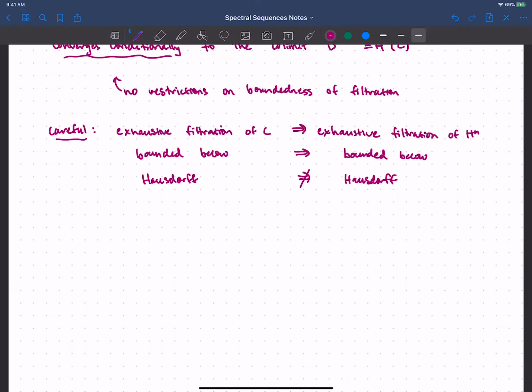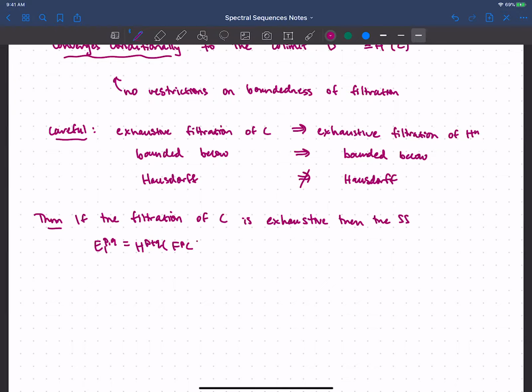Well, we also have this theorem that if the filtration of C is exhaustive, so no assumption about Hausdorff or complete, then when we look at the spectral sequence, still not assuming any boundedness, it starts with the E1 page, the cohomology of the filtration quotients, and is supposed to cook up the cohomology of the chain complex.